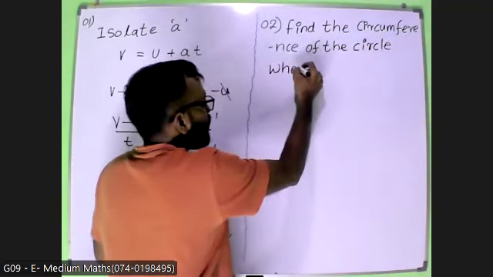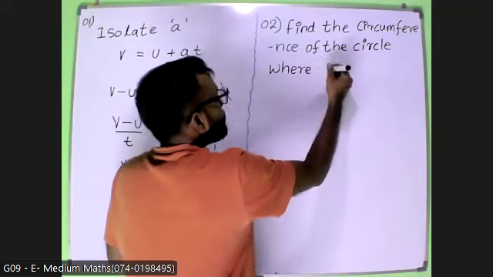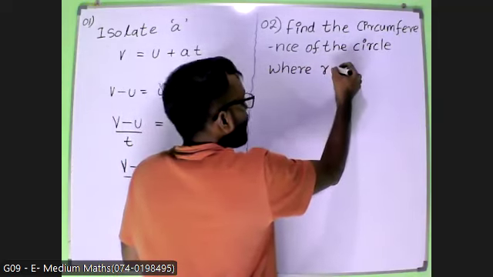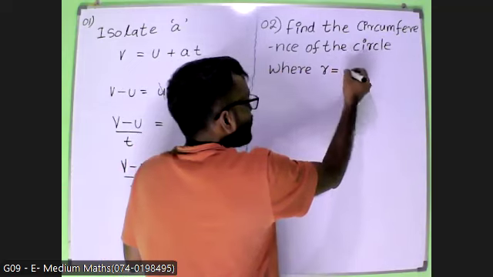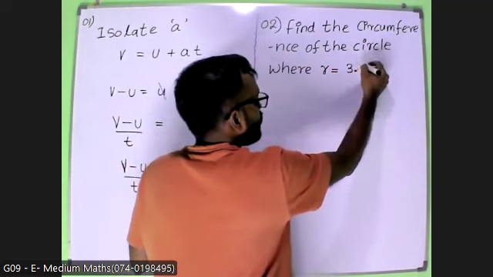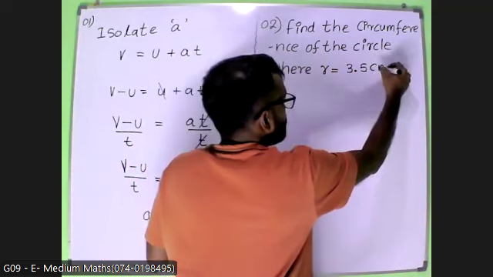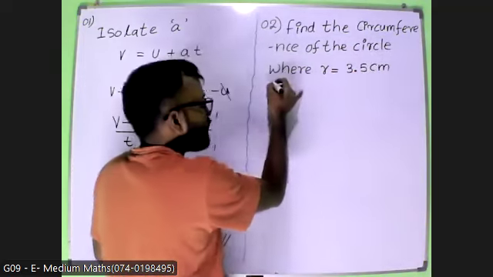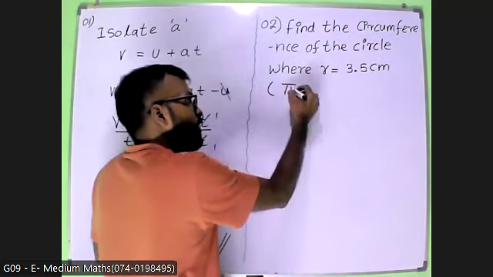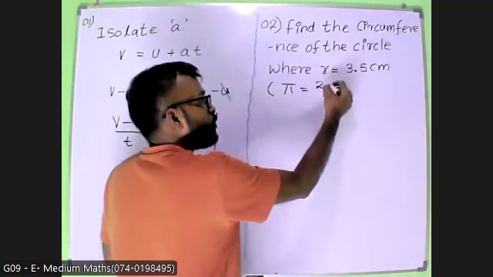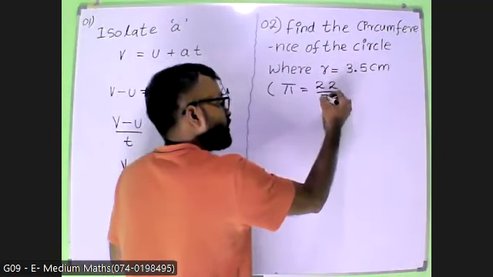Where radius r equals 3.5 centimeters, and within brackets, π equals 22 upon 7.